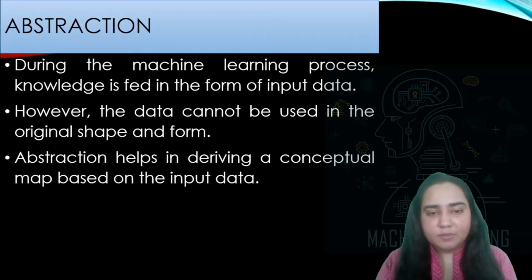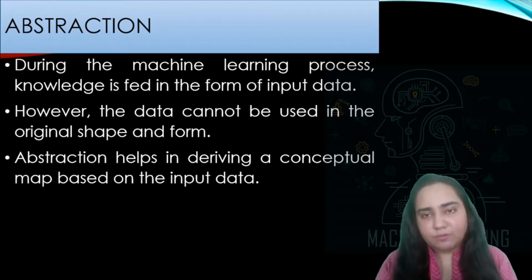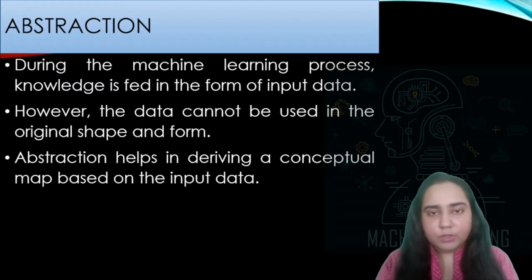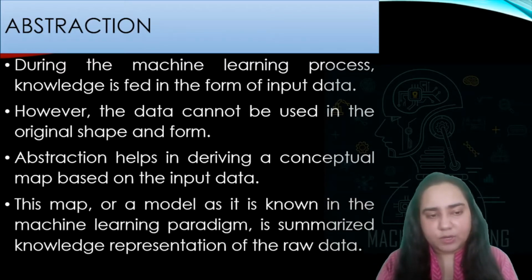The abstraction helps in deriving a conceptual map based on the input data. So the idea of abstraction is to get your data in the shape and form that would help you to afterwards perform generalization. So you want a conceptual map of the data using the input data, and that is abstraction.